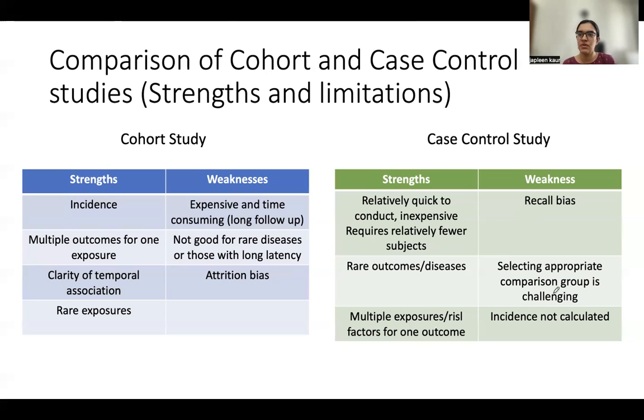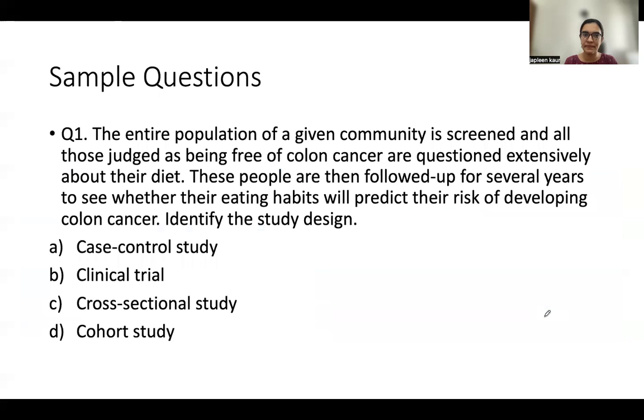Like we wouldn't really want to compare Americans to Indians directly because there are a lot of other factors involved. And we do not get incidence, which is the major weakness. So we cannot calculate the real relative risks, although the odds ratios can give us some hint about the association.